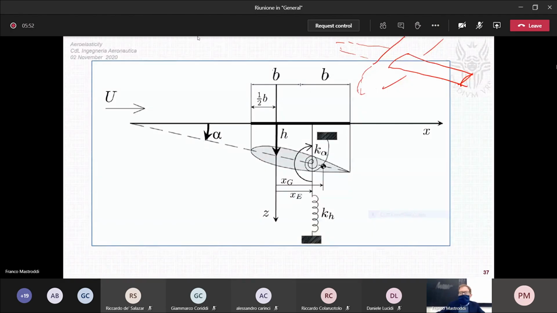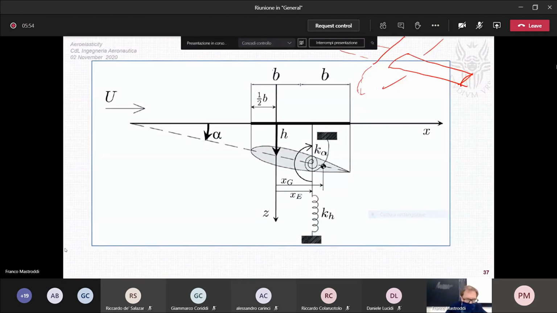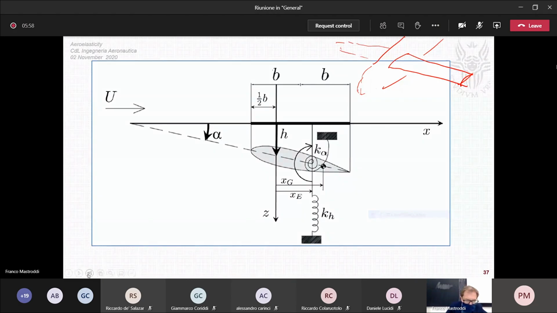Okay. So we are considering a very special section like this of this wing, and this section here is also known as typical section.